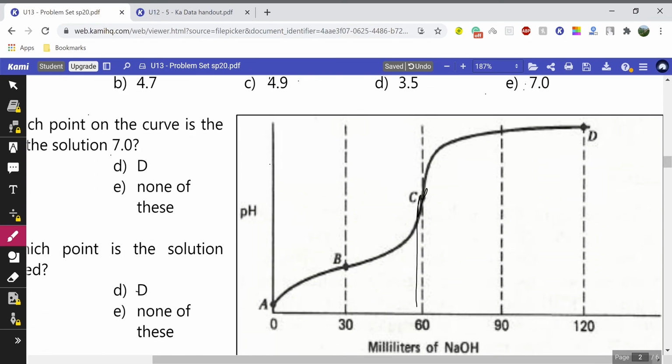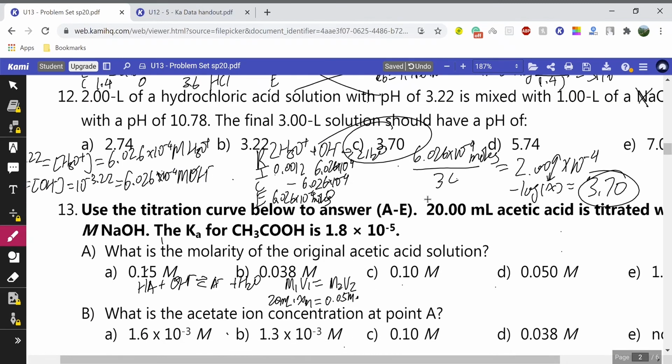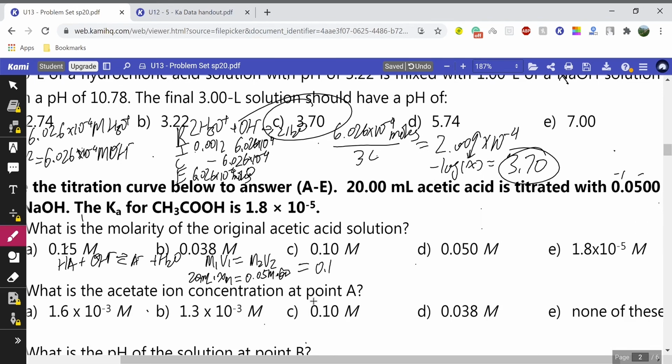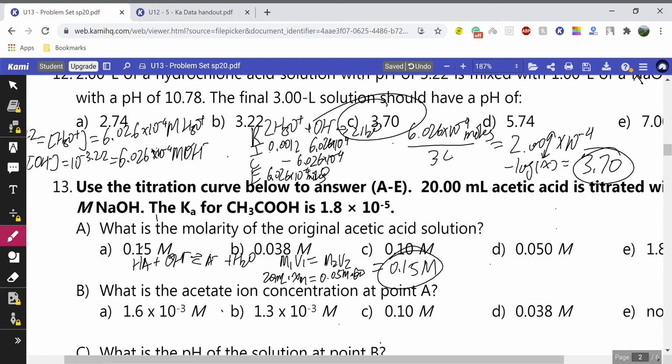Alright, 60 milliliters. Now with that, we're going to find the molar concentration of our first one. 0.05 molar times 60 milliliters divided by 20 milliliters is going to be equal to 0.15 molar. And that is our acetic acid solution when it's original.